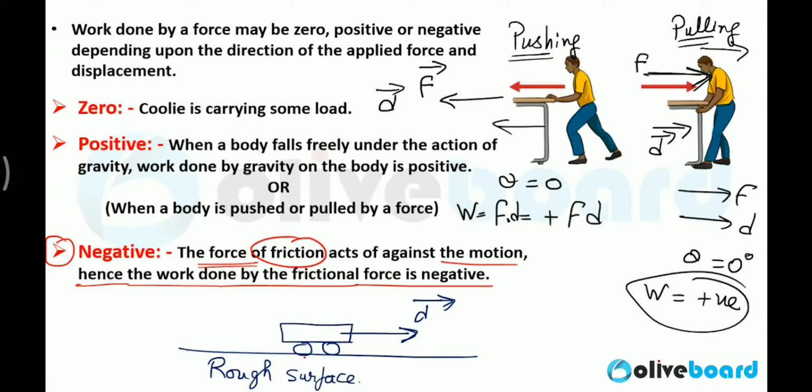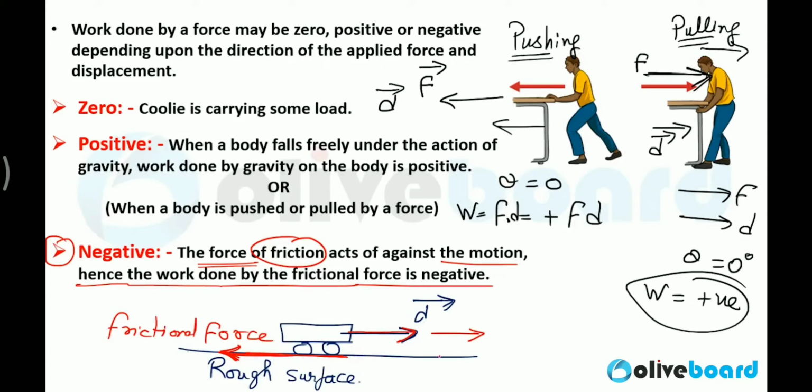So friction always works against the motion. If this bus is moving in the right side direction, then the right side is the direction of displacement. So the frictional force will always work against the motion. This is the direction of the frictional force.